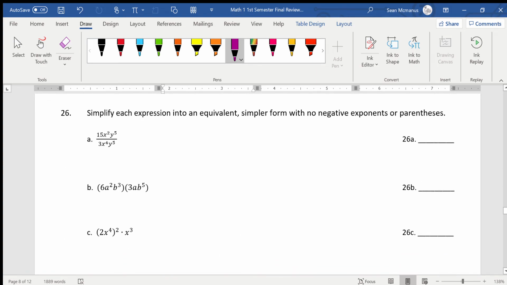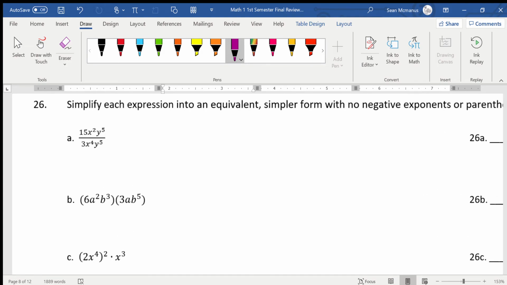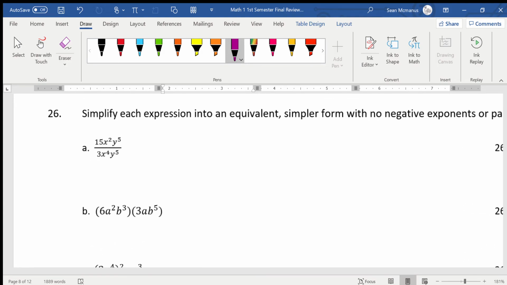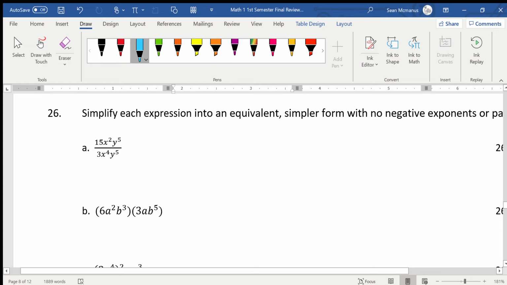All right, actually I'm going to do one more in this video. Simplify each expression into an equivalent simpler form with no negative exponents or parentheses. So I'm going to zoom in a little bit so we can see a little better. And we're going to just focus on this part by part. So first we're going to look at the numbers. 15 over 3.